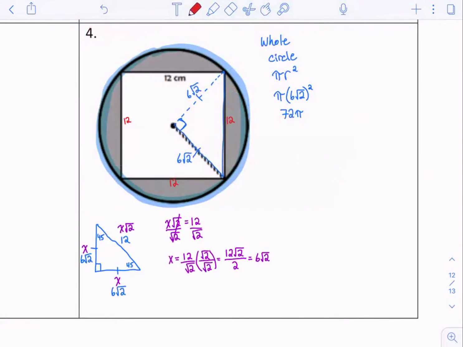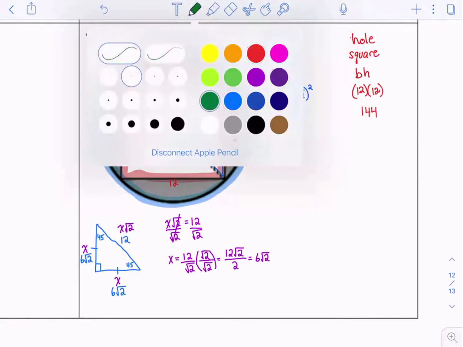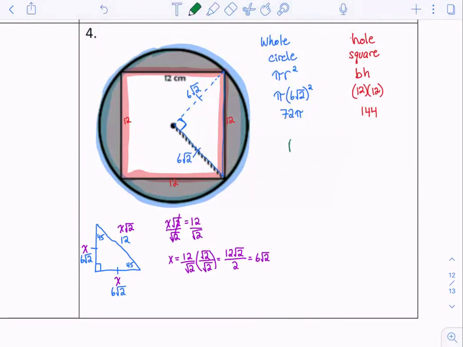And then minus the whole, which is a square. So it's base times height. So here is 144. 12 times 12 is 144. So my final area would be 72 pi minus the 144.